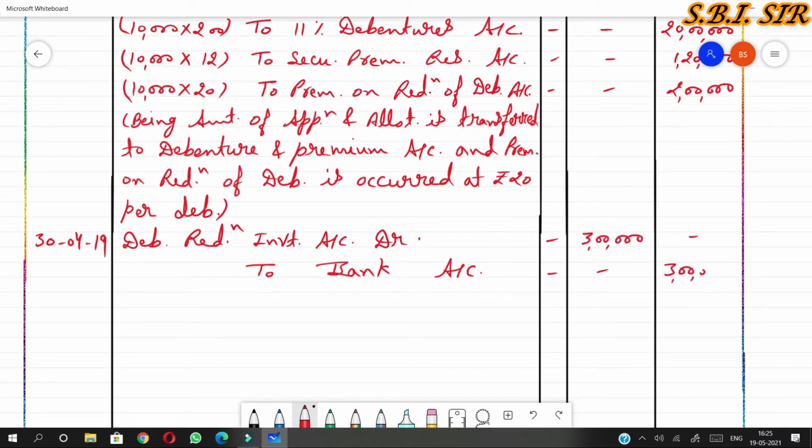Then narration being investment is made 15% of the face value of debentures.